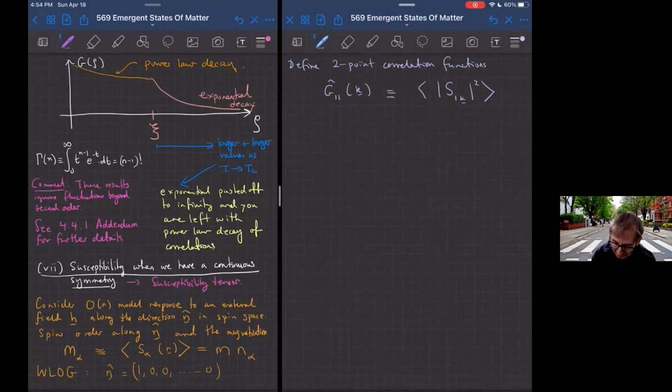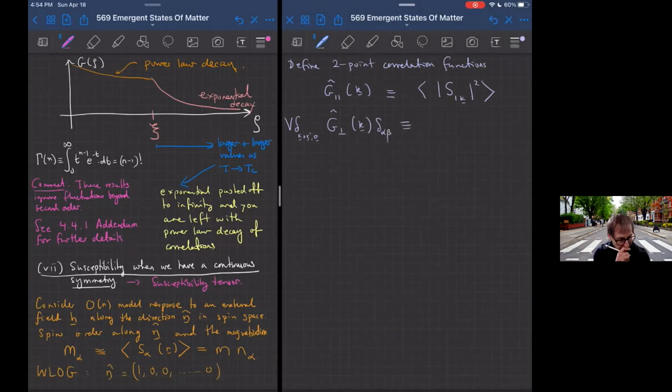And then I'm going to define a G perpendicular of k in the following way. I'm going to put in a factor of V, delta of k plus k prime, 0, and then delta alpha beta.